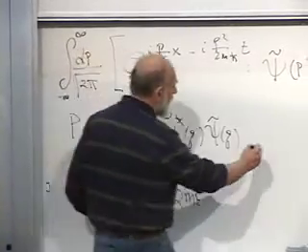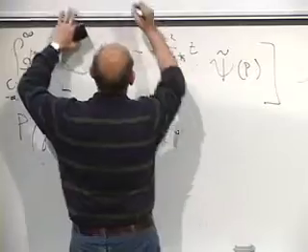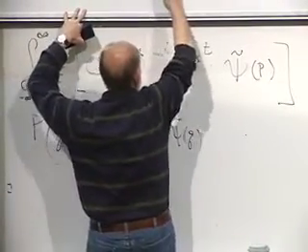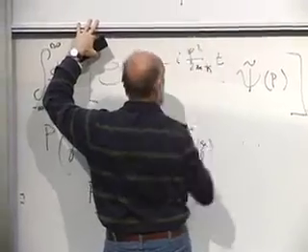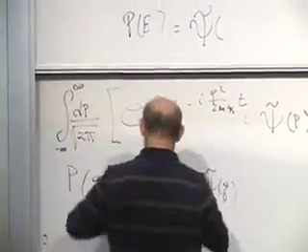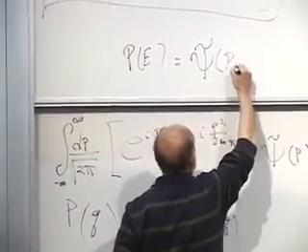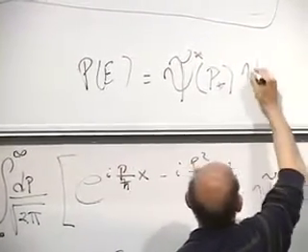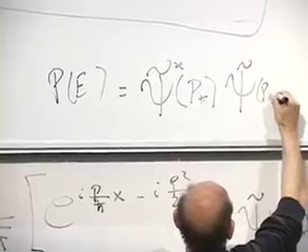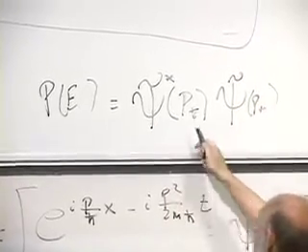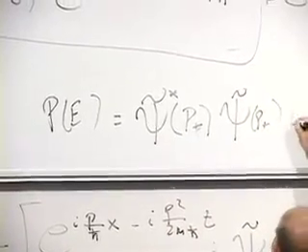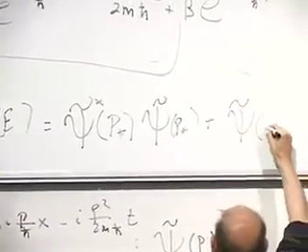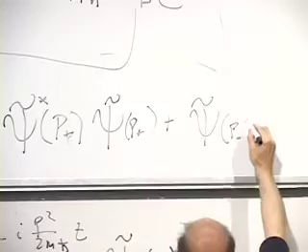The probability for a given energy is going to be psi twiddle star of p plus times psi twiddle of p plus, that's the probability that the momentum is p plus, plus the probability that the momentum is p minus.